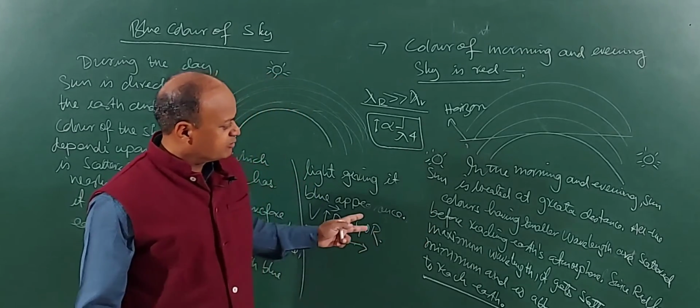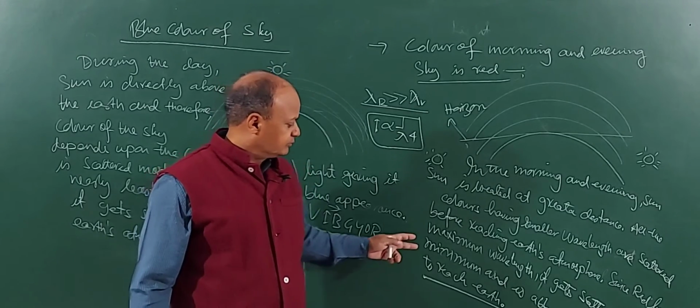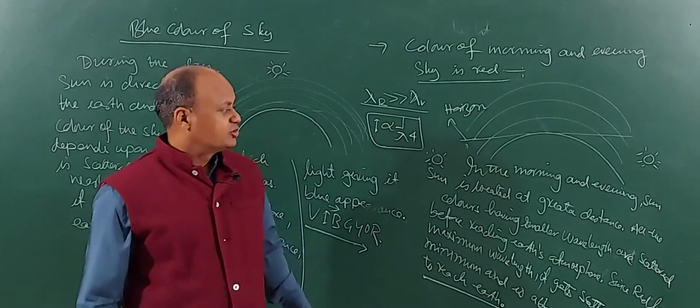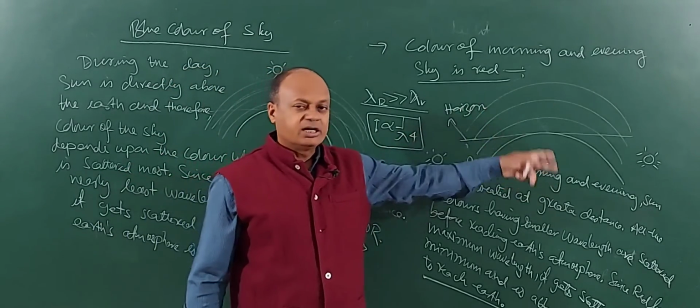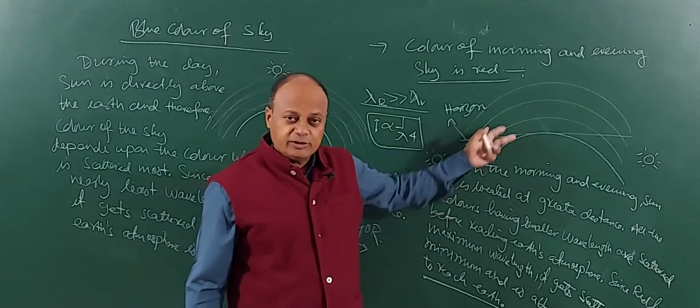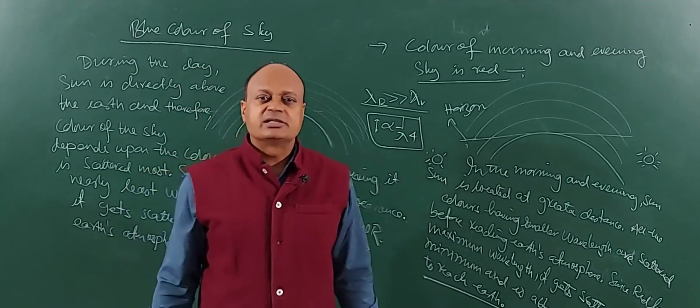Since red has maximum wavelength, it gets scattered minimum and is able to reach what? Earth's atmosphere. So if you see in the morning and evening, Earth's atmosphere is filled with what? Red light, because only red light is able to reach. Hence, the color of the morning and evening sky is red.